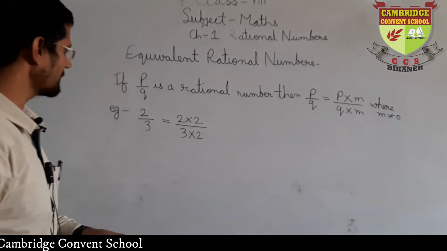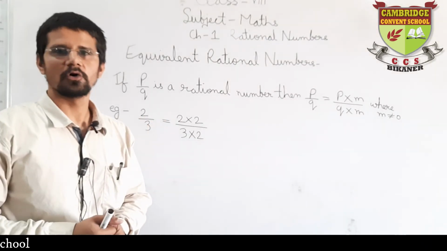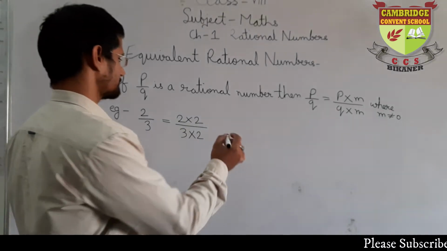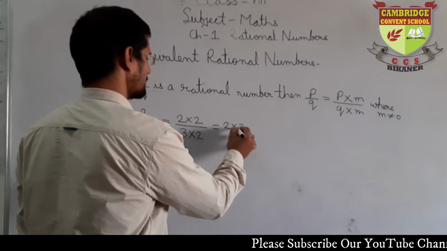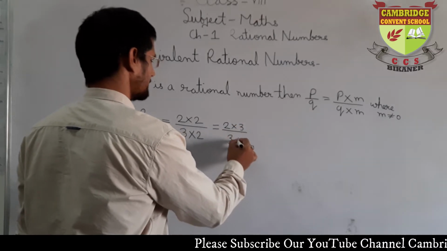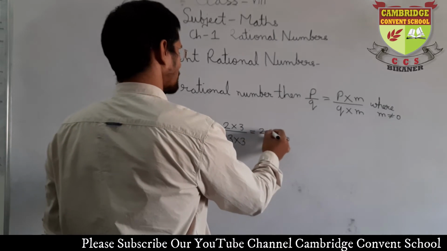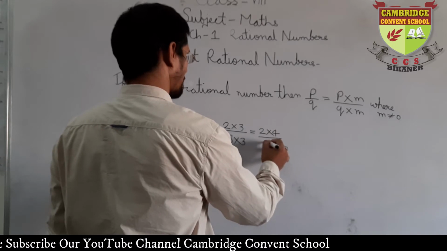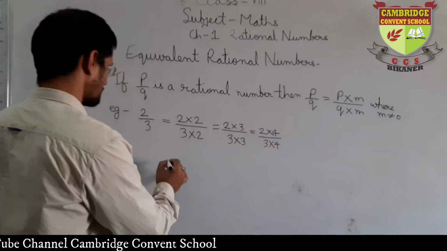We can multiply both the numerator and denominator of a rational number by the same number, or 2 into 3 upon 3 into 3, 2 into 4 upon 3 into 4.